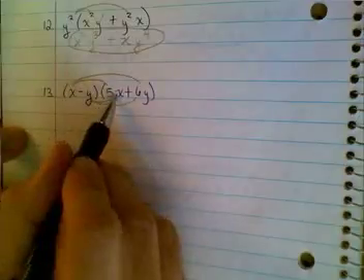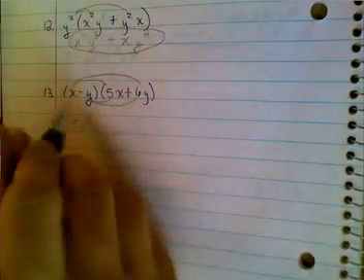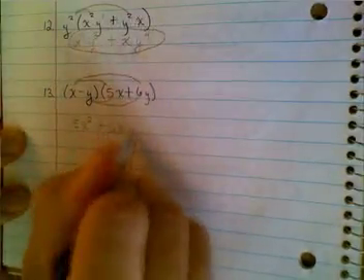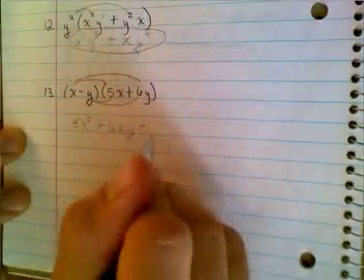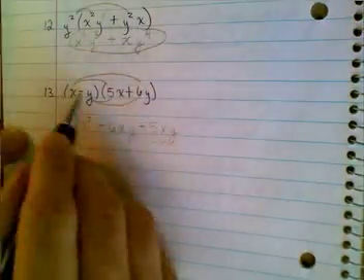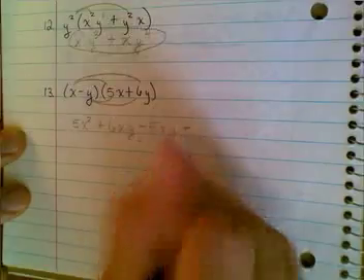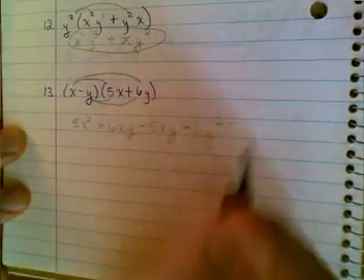X times 5x is 5x squared. X times 6y is 6xy. Negative y times 5x is negative 5xy. And negative y times positive 6y is negative 6y squared.